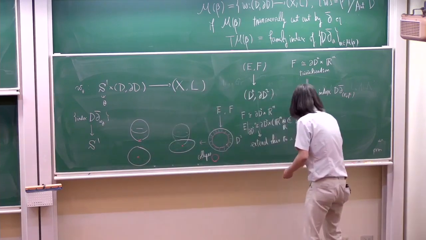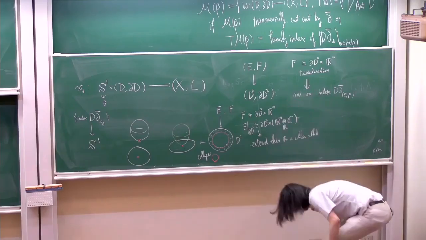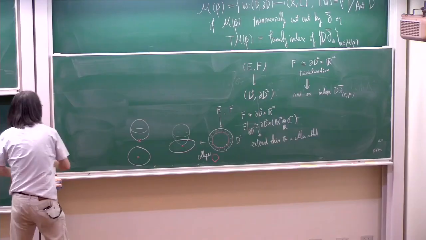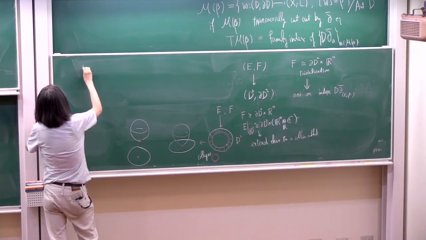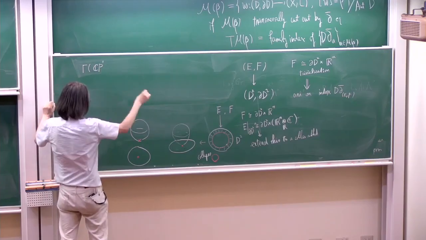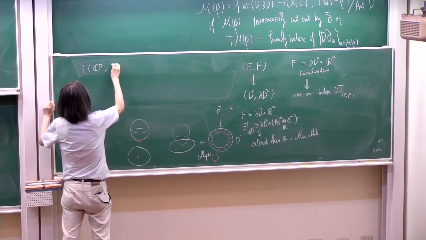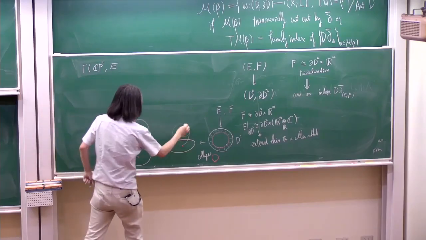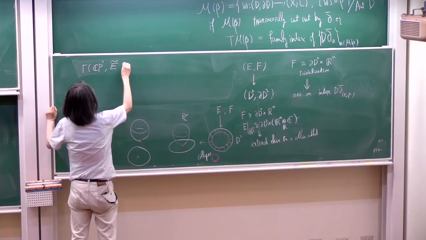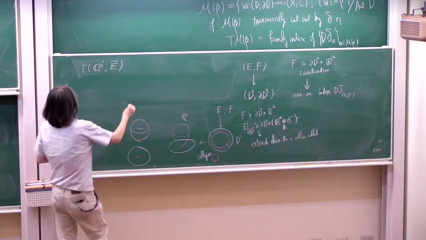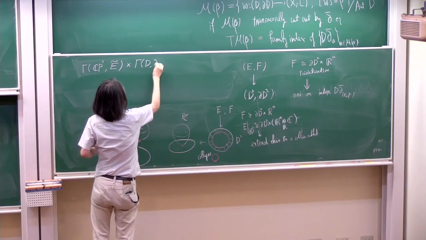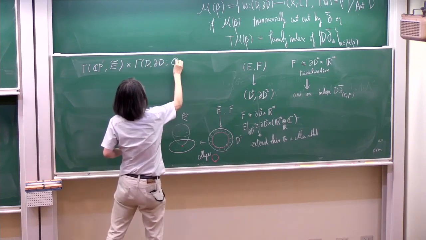So maybe I just write a definition of this, and then you can see it. Maybe I just consider Gamma of CP1 and this bundle E. Over here I have a bundle E tilde, and consider the product with this D. But now it's very easy.